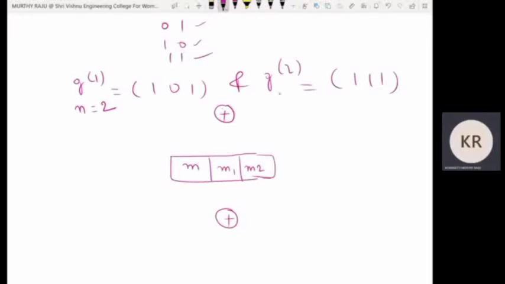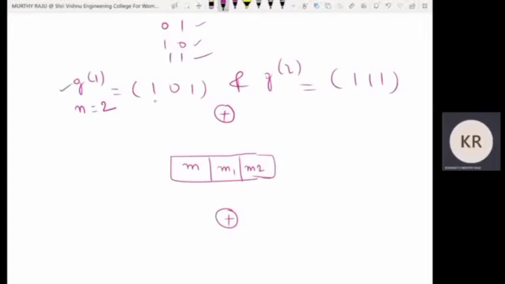Suppose 3 generator sequences are given, G of 1, G of 2 and G of 3. Therefore, N is equal to 3, and 3 modulo 2 adders are used.